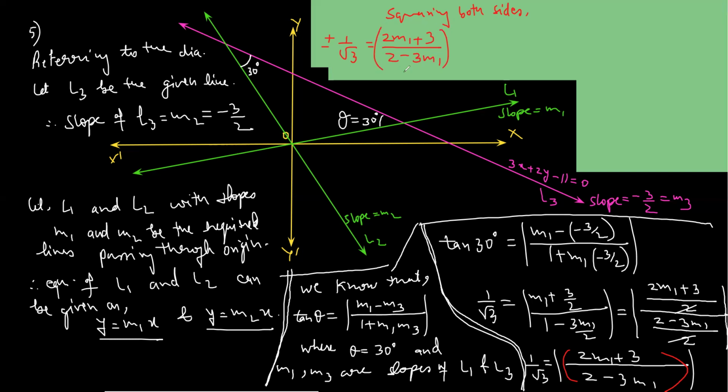Now I square both sides. If you square plus, it is plus. If you square minus, again it is plus. So when you square both sides, you get 1 upon 3, since the square of 1 is 1 and the square of root 3 is 3.